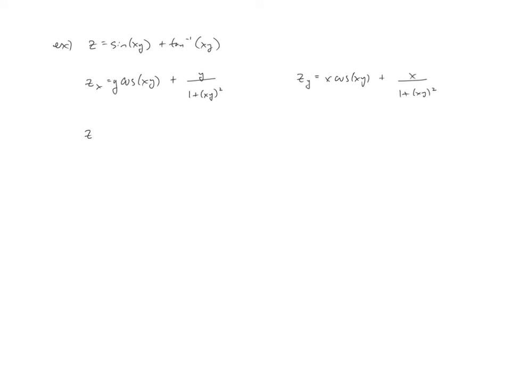Now for the mixed partials, that's going to be needing to take the derivative of this guy with respect to y. So I take the derivative of this with respect to y. So now it's going to be a product rule for this first term. So derivative of the first with respect to y is going to be 1 times the second plus derivative of the second back times the first.